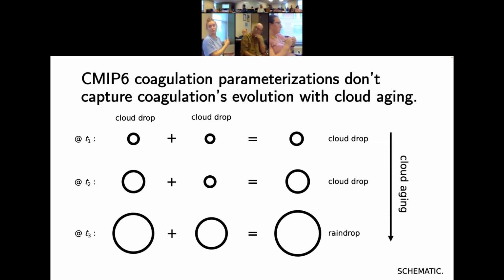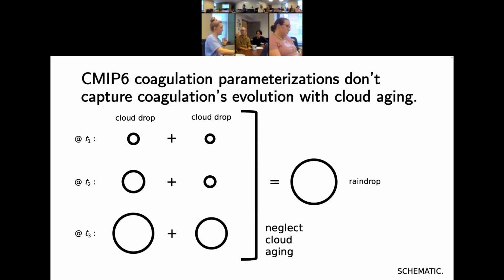But we can imagine in the initial stages of growth, where we haven't had any coagulation, just condensation, we have quite small drops, and when they interact they just produce more small drops. And as we go through time, the base size of drops that are interacting in the cloud or small drop category grows bigger, and eventually we can produce larger drops in the rain category.